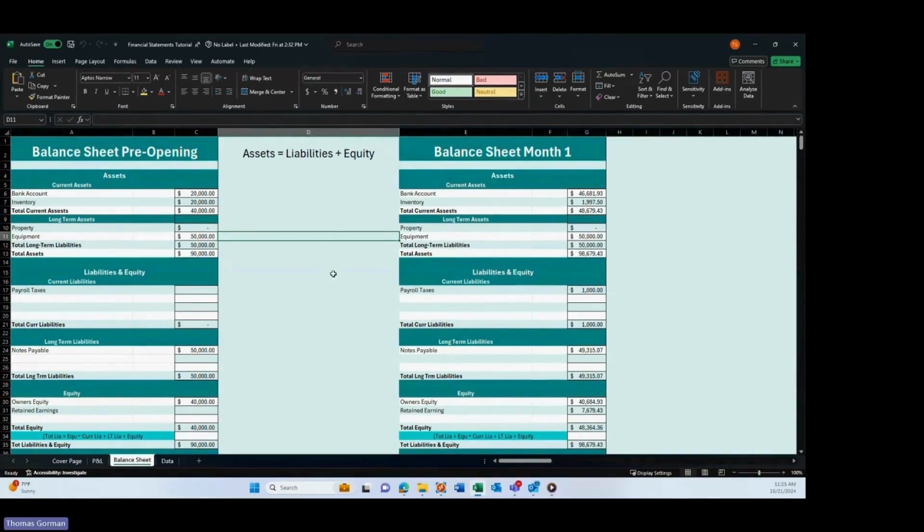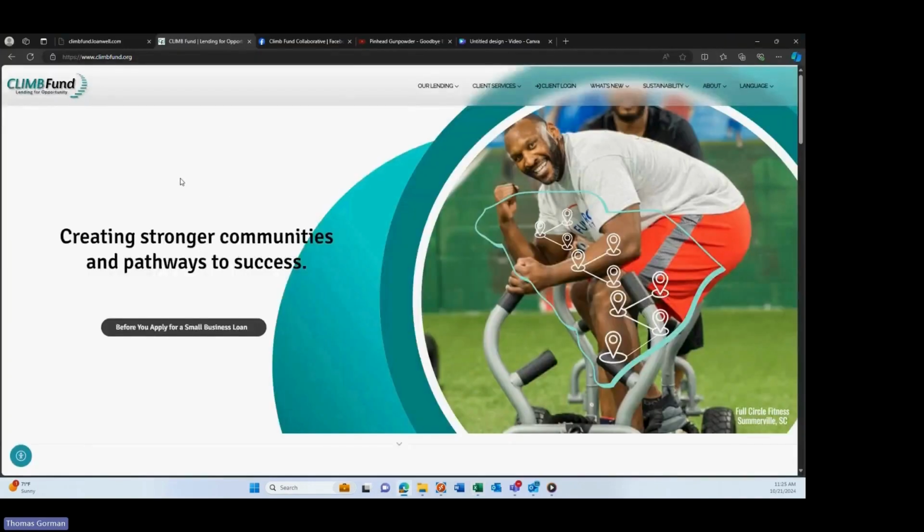So the last thing that I have for you guys today is I want to show you where you can find these templates. So we have a profit and loss template and a balance sheet template on our website. So if we go down to our web browser, go over to climbfund.org. This is our home page.